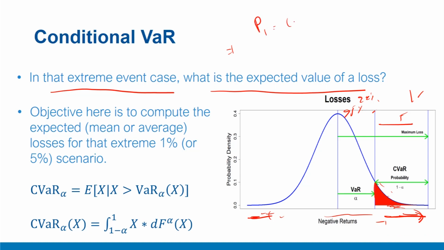P1 probability, let's say 10%, that loss is 5 million. Let's say I'm putting a negative sign for loss, and another 10% probability that loss may be 10 million, and 80% probability that loss may be 1 million. Then my expected loss, given that these are the only three possibilities, given that my losses exceed this level, is P1 into minus 5, P2 that is 10% into 10, and 80% into 1 will be my resulting number.